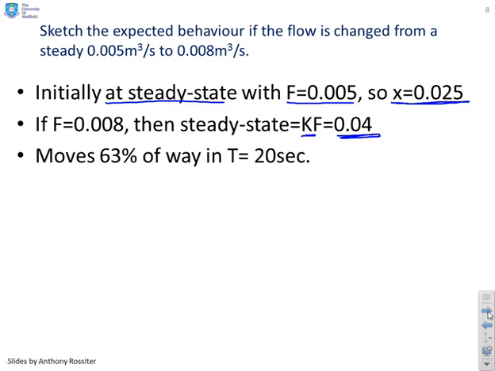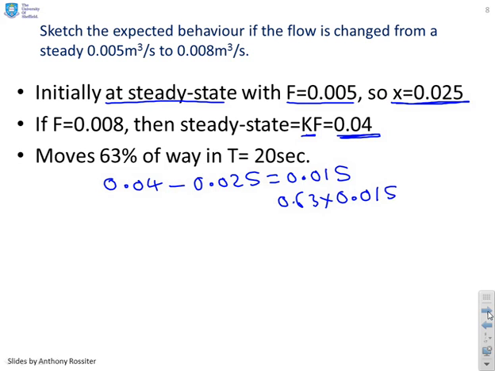I know that the time constant is 20 seconds, and I know I move 63% of the way from the start point to the end point in 20 seconds. So what's the total movement? Well, the total movement is 0.04 minus 0.025, which is 0.015. So that's how far I move between the two steady states, and so I can multiply that by 0.63 to find out how much it's moved after one time constant.